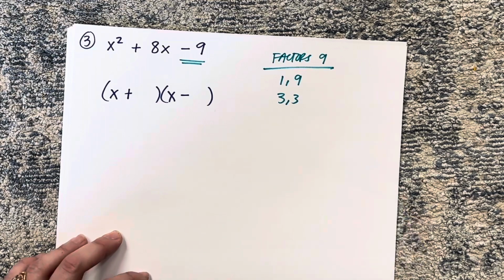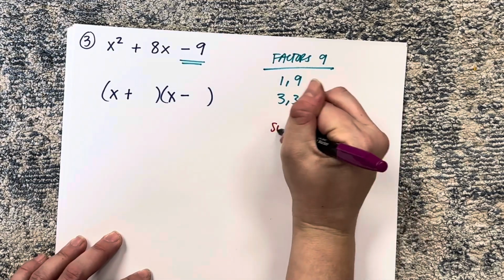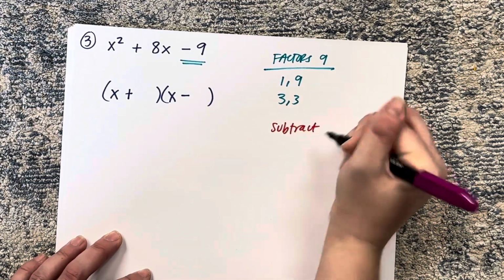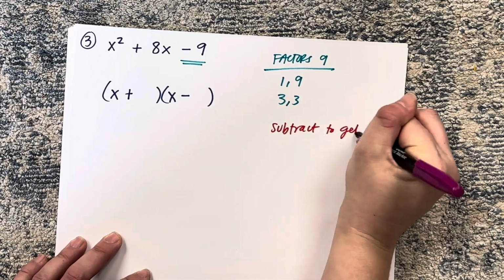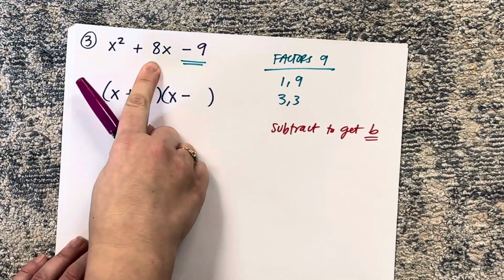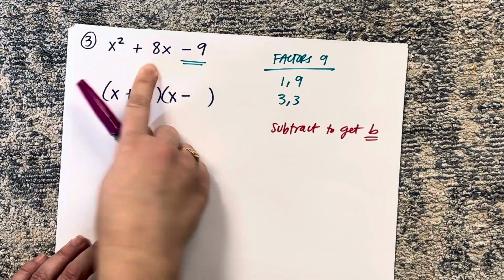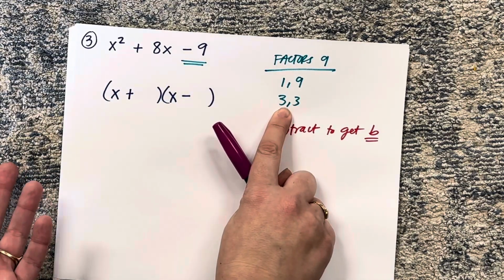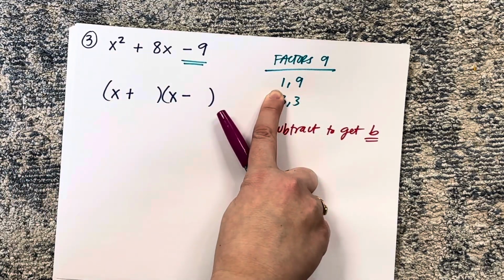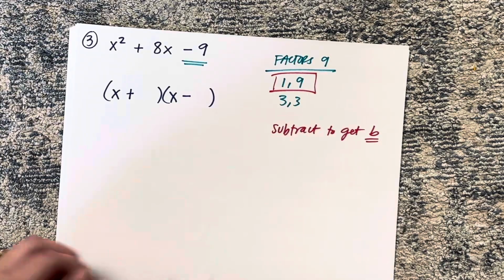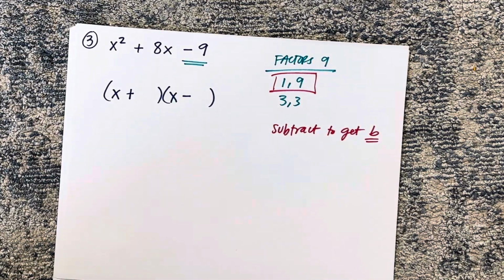So we're going to subtract to get your B value, okay? So 3 minus 3 would be 0, 9 minus 1 would be 8. So this is the one that I want, okay? And now you need to figure out which one goes where.